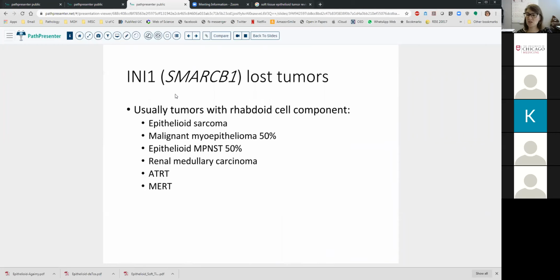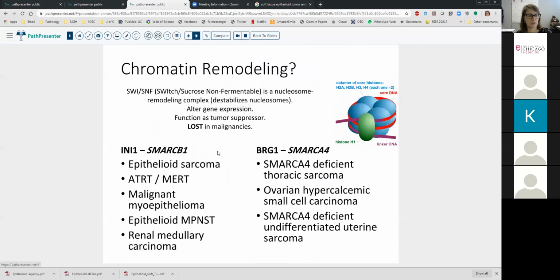Am I right on that one? Somebody who knows gynae, tell me. Yeah. So just keep the INI1 and the BRG1 in the back of your mind. If you do one, do both. If you have loss of any in the nuclei, you've narrowed your differential at least to one of those tumors that has INI1 or BRG1 loss, so SMARCB1 or SMARCA4.